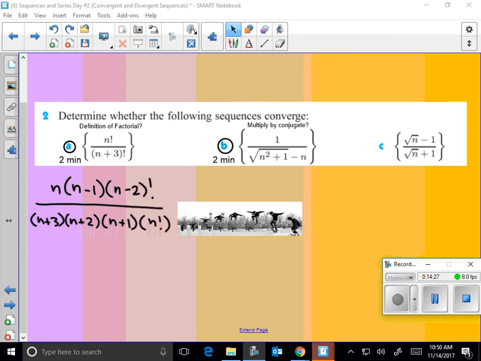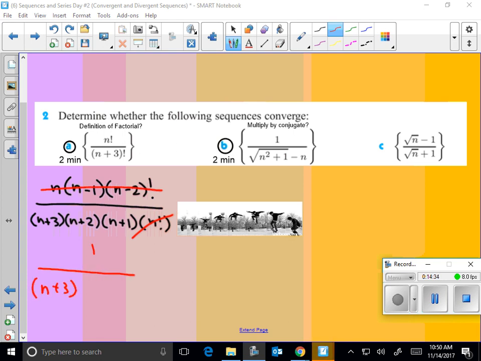Oh, and look at that, n factorial just cancels all of that. So I get 1 over n plus 3, n plus 2, n plus 1. And what will that go to as n goes to infinity? 0, right? That'll be 1 over infinity, which will be 0.